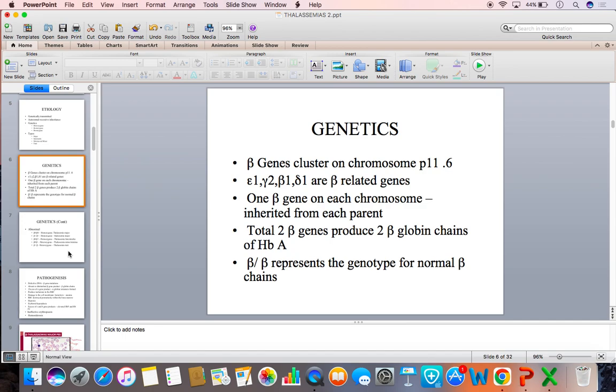So let us talk about beta thalassemia. Beta thalassemia is due to reduced or absent synthesis of the beta globin chain, due to mutation of the beta genes.